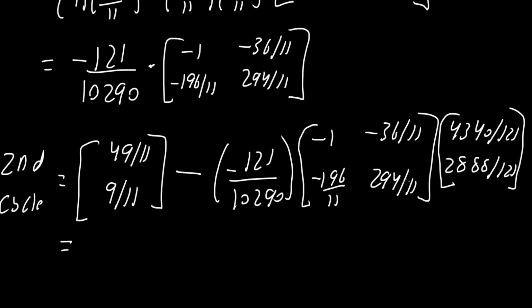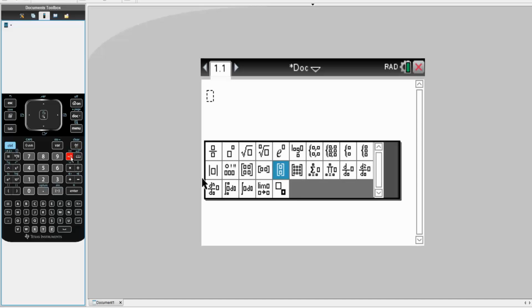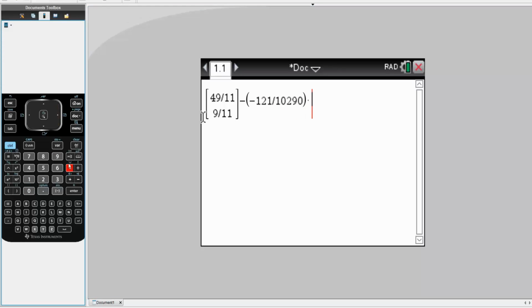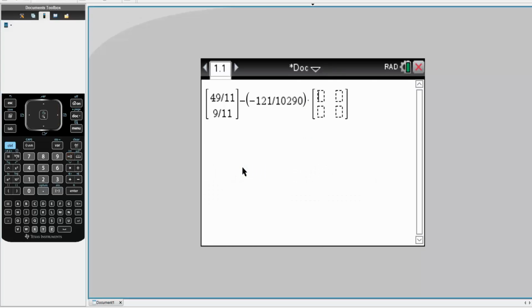Now I'll use my calculator to get the final answer for the second cycle. So we hit this icon. We want this. We had 49 over 11 and we had 9 over 11 minus parentheses minus 121 divided by 10290 times, we had now a 2 by 2 matrix.